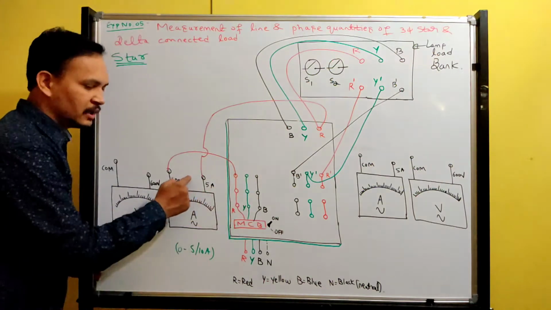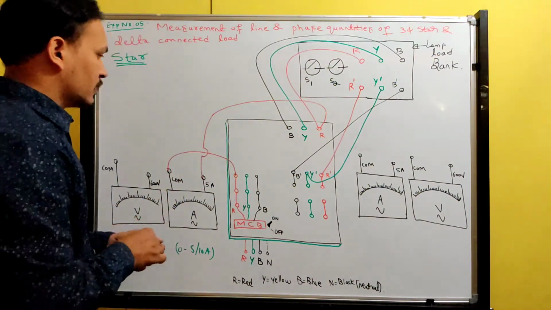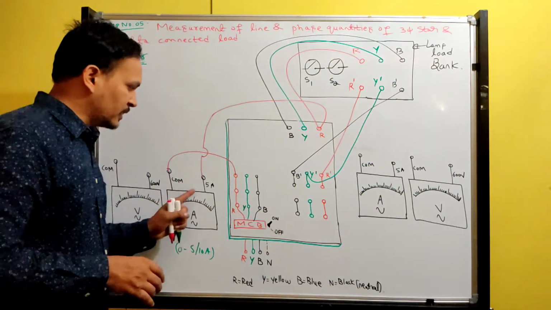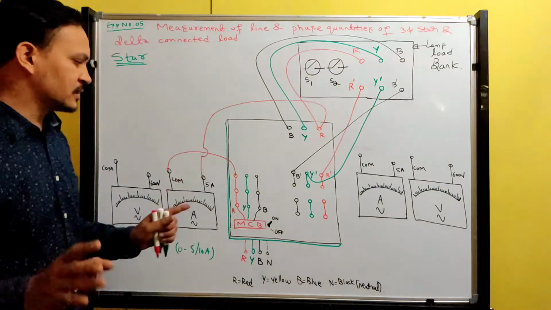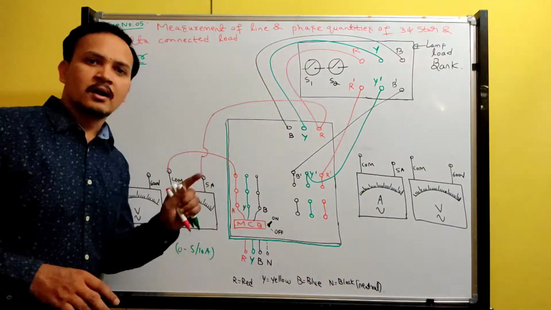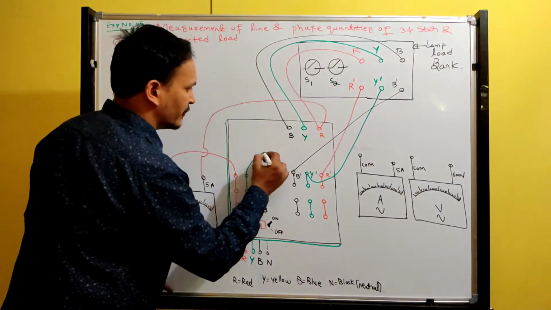They are joined with the instrument. First you do this connection. Then, since you can use this ammeter either in R line, Y line or B line, the choice is yours. But in the circuit diagram, we are given the ammeter in the R line. In the Y line, we have not connected any ammeter.